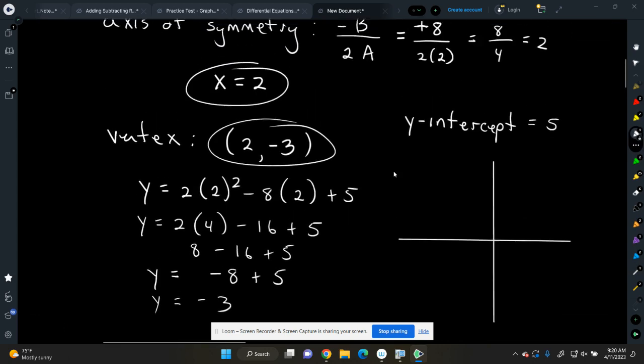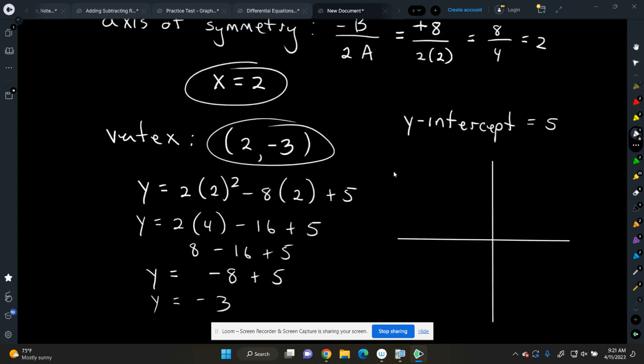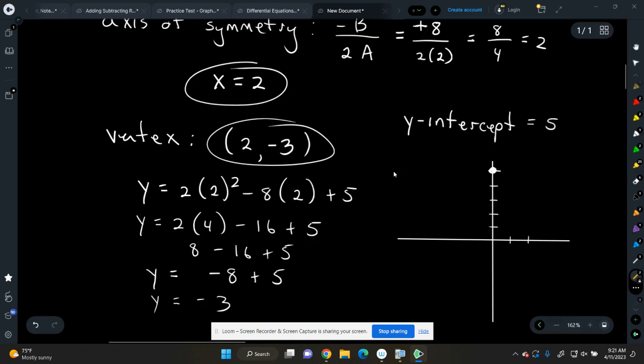Okay, so let's see. We want to graph it. So first thing we're going to do when we're graphing it is put in the point. 1, 2, 3, 4. Okay, here's the y-intercept, and then we're going to go to 2, and we're going to draw our dotted line for the axis of symmetry.